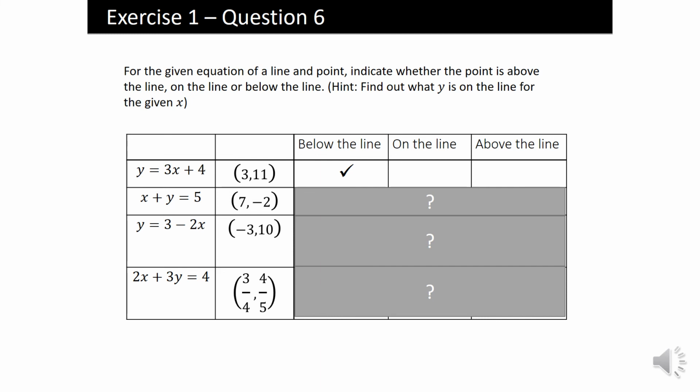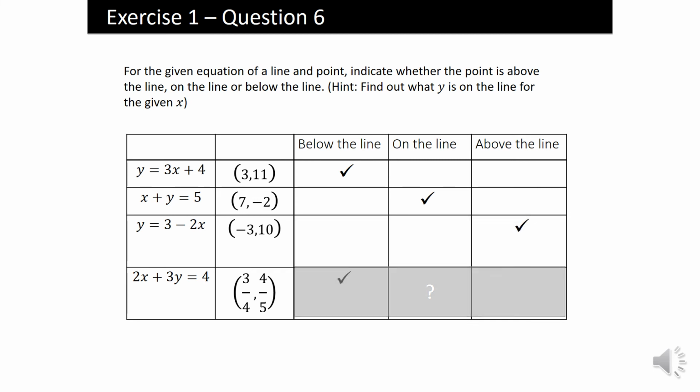So the coordinate here is 7, minus 2, so we see that that is the same, so that one would be on the line. So similar idea for these last two as well, substituting in, seeing what the y coordinate is, and then seeing if the coordinate that you're given is above or below that.